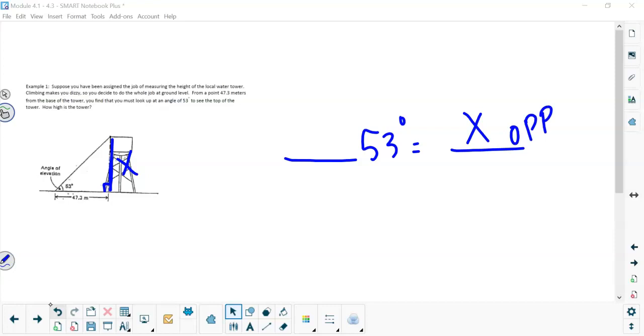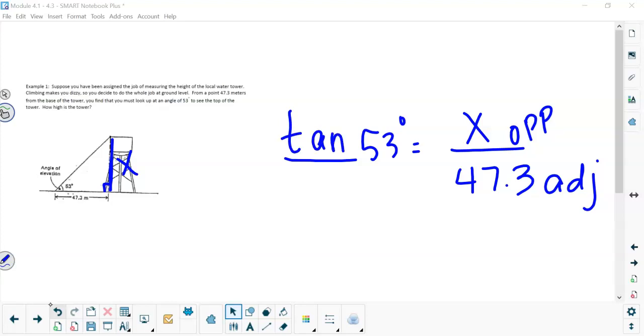Now, the only other measure they gave us was what? So we have that, 53, good. And what else? What is it, 47 point? Okay, if I put that here, what is that in relation to the angle? Good. That's O over A. What matches O over A? There you go. There's your last blank. Let's put tangent right here.